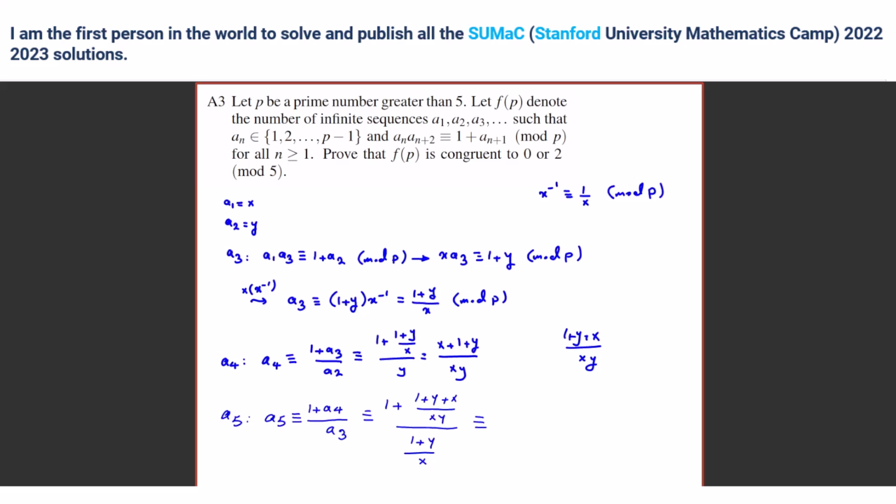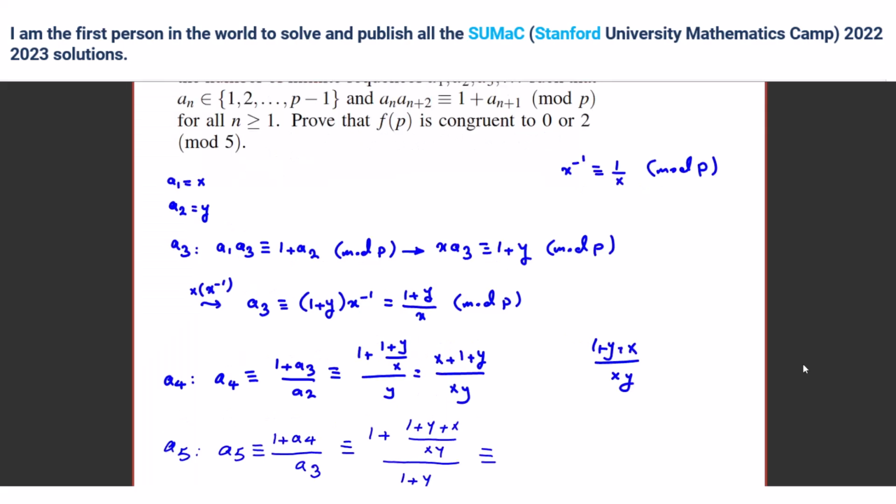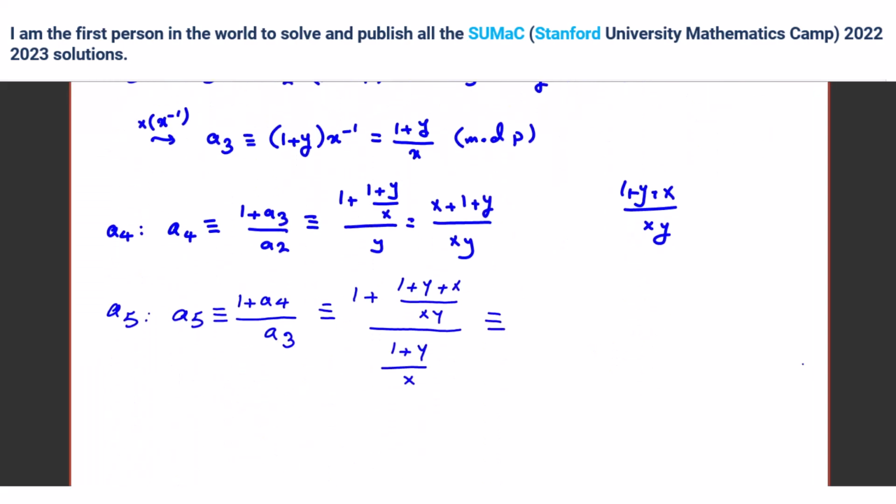Try to simplify this, okay? xy plus 1 plus y plus x in brackets, multiplied by 1 plus y. We can simplify it more.